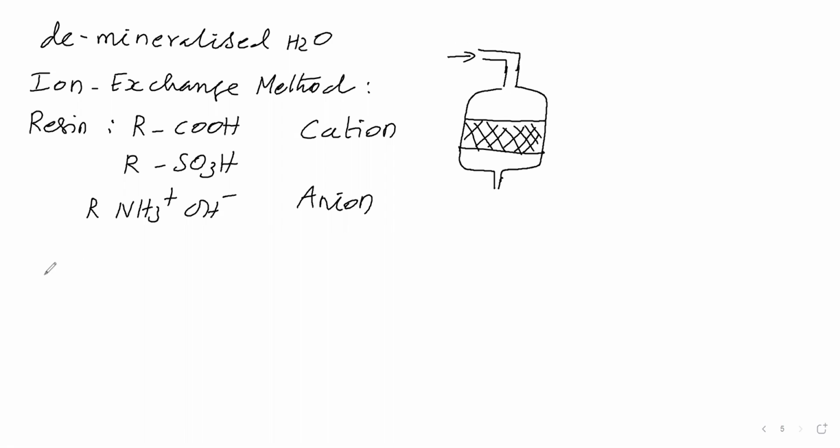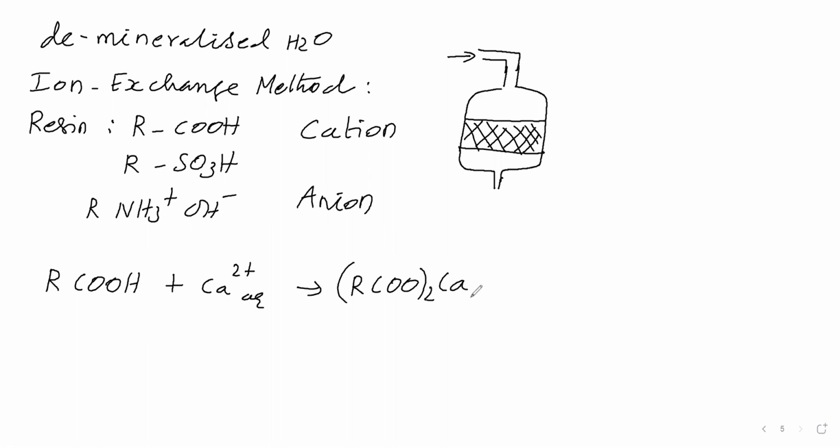While passing, the cation exchange resin, which is RCOOH, will take the cations in the water, such as calcium ions. H plus ions and calcium ions get replaced. H plus comes out, calcium ions enter this place. Therefore, you get (RCOO minus) 2 times taking calcium, which becomes solid.